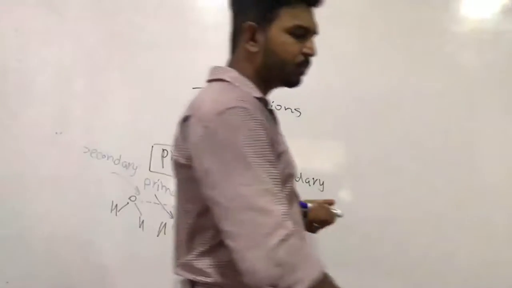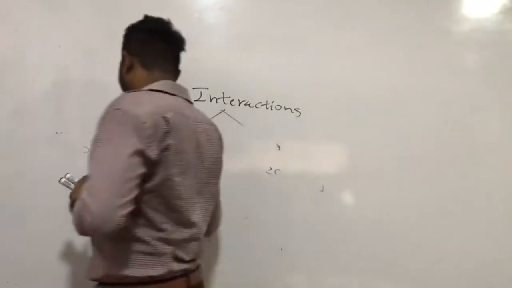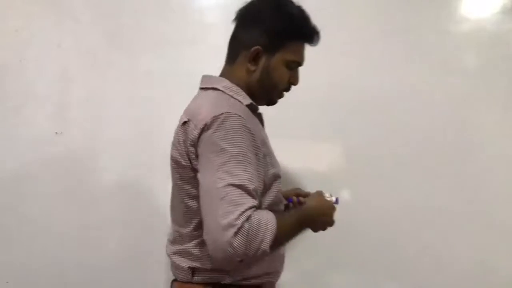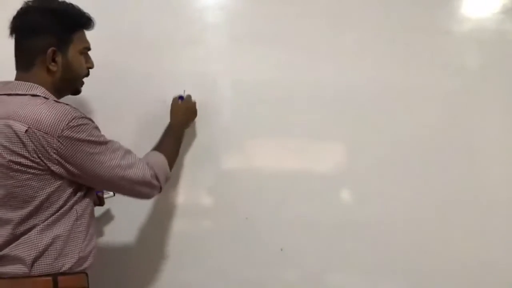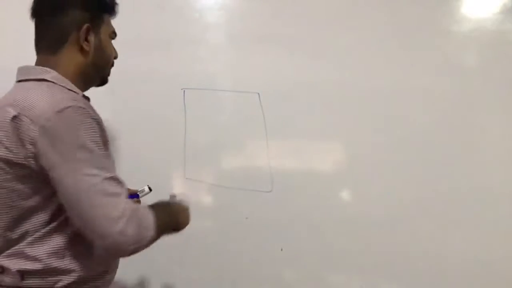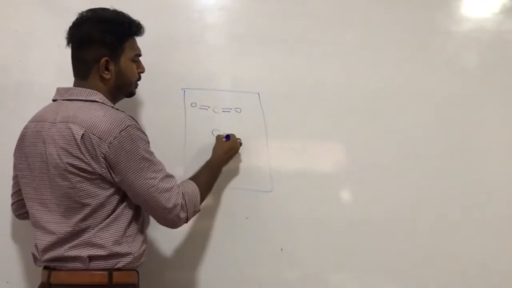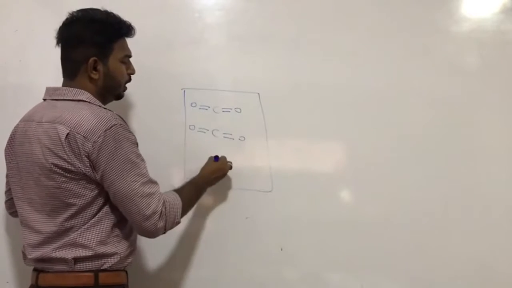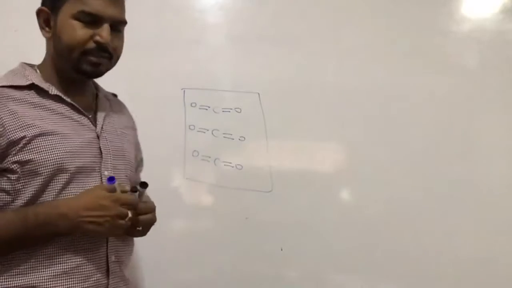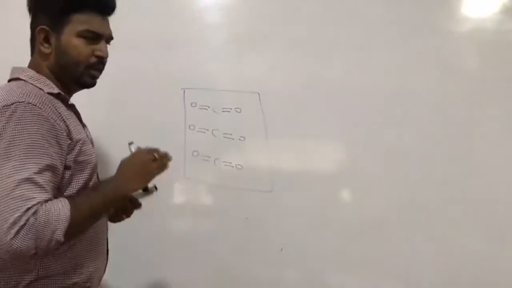Then let's consider a group of carbon dioxide molecules. We have a sample of carbon dioxide. This is the structure of carbon dioxide; you can learn this in the middle of this lesson.